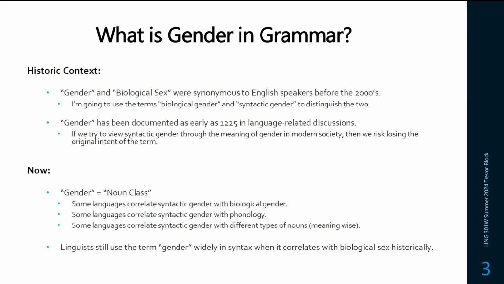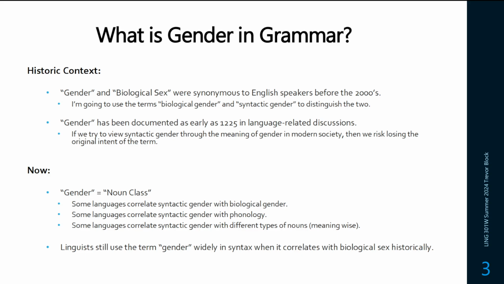So, gender and grammar, when we talk about it, we have to be a little bit careful about how we think about gender because the meaning of gender now is more that it's a social construct. But historically, before the 2000s, that definition was not there. Biological sex and gender were synonymous. So when we think about all of the writings that have been done on gender in the past, we have to keep in mind that this is the perspective that they were coming from.